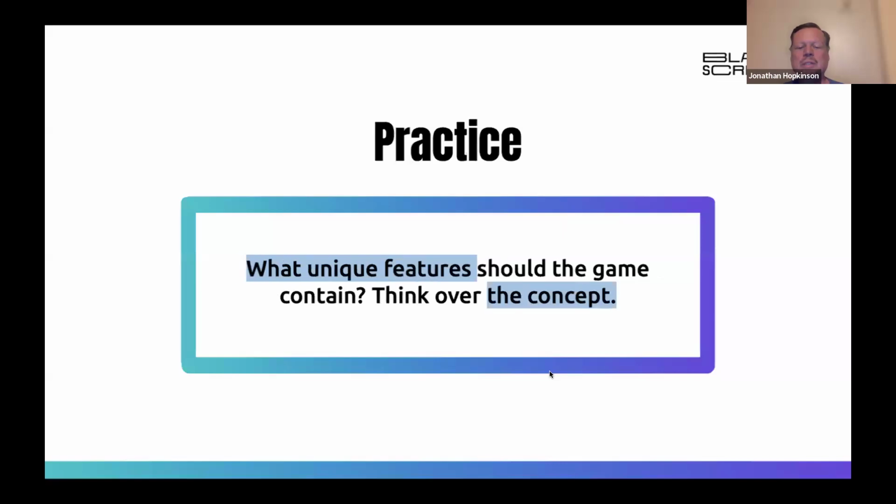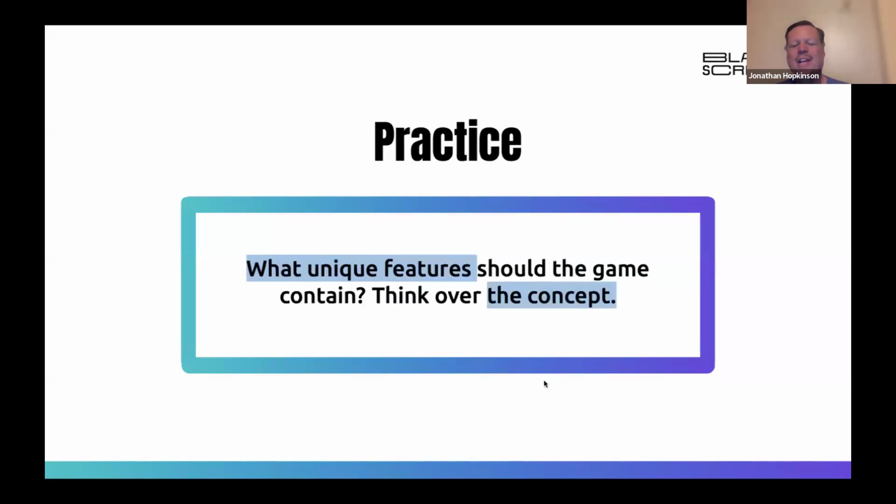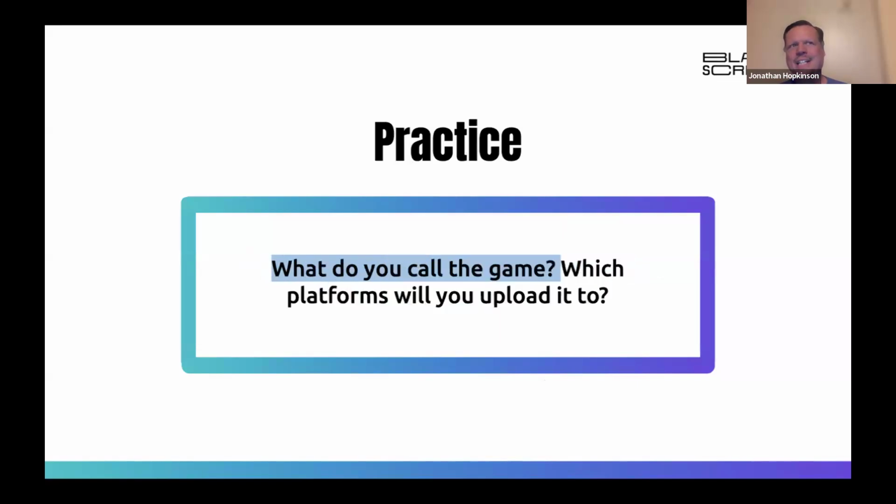All right, next one. What unique features should the game contain? Like the concept of the game. So again, if you're going to make a shooter, there's 100 shooters out there. So what's unique about yours? I was just going to say, don't fall into the trap of saying my game is unique because it's going to have the most awesome graphics or the newest 4K resolution, blah blah blah.